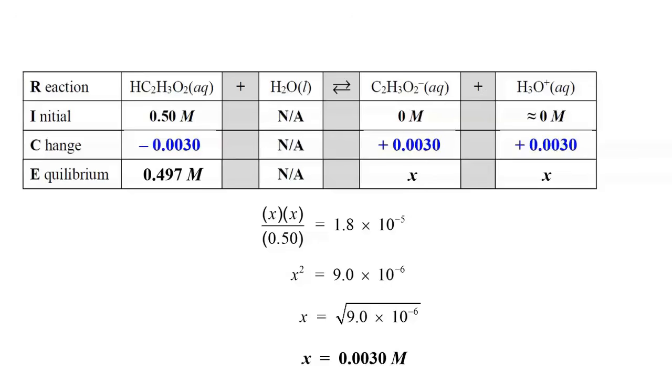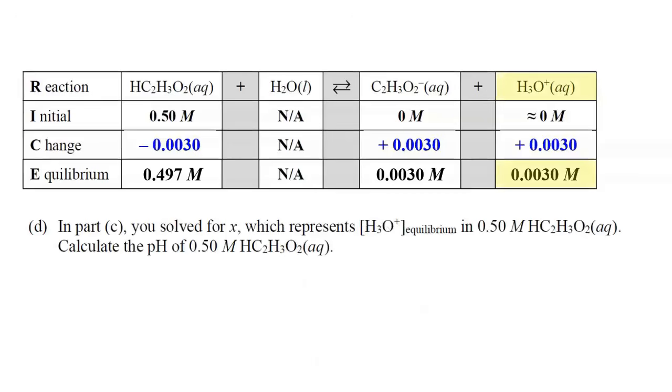So hopefully you can see why that simplifying assumption was a reasonable one. 0.497 is so close to 0.50 that it was a reasonable assumption that the value of X is much smaller than the initial concentration of the weak acid. All right, so I now have numbers in my final row of my RICE table. 0.497 is the concentration of acetic acid at equilibrium, and 0.003 is the concentration of both the acetate ion and the hydronium ion.